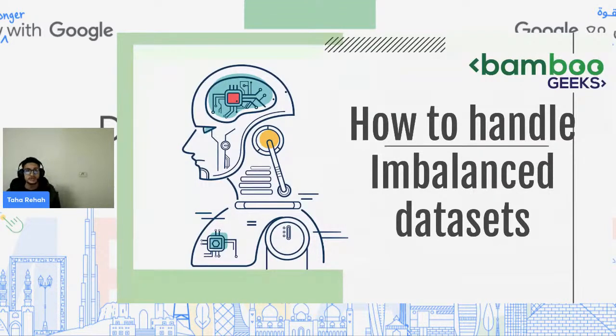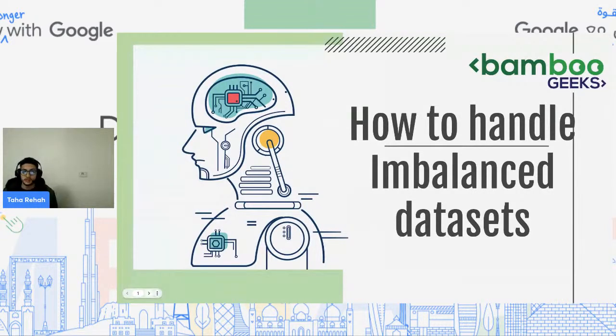And one of the problems that we can encounter while doing the EDA phase is having an imbalanced dataset or imbalanced classes. So in today's session, inshallah, we are going to cover how to handle this particular case, and we are going to see a lot of techniques for doing this.